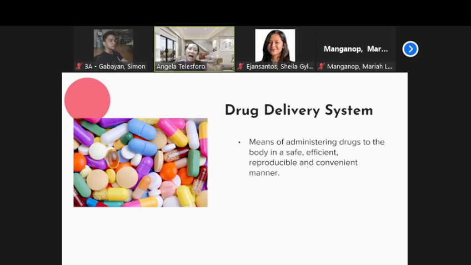Okay? So, kailangan ma-assure natin ang pasyente na when we take the drugs that we make, it has to be safe, but safe in the sense if taken in the right manner. Kasi kung hindi naman right manner, hindi na siya safe. But efficient, no? Meaning it can give the desired effect.